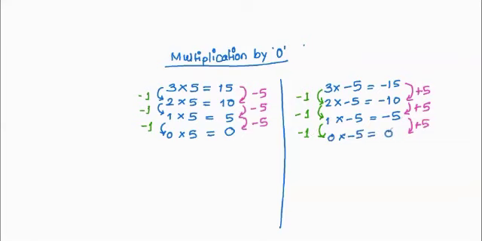So whenever we multiply any integer, in this case +5, we multiply by 0. In this case -5, we multiply by 0. But in both cases, the answer we get is 0. So multiplication of any integer by 0 gives us 0 as the answer.